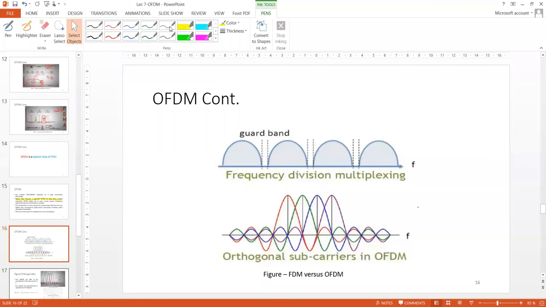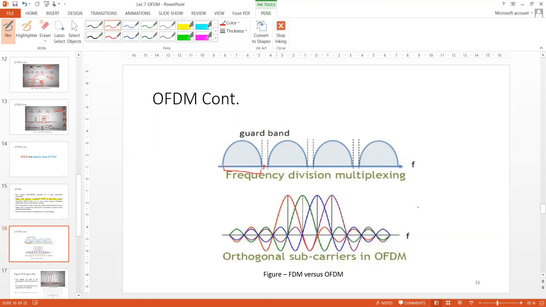This is the example where we have frequency division multiplexing, with different subchannels, and guard bands are introduced between each and every channel in order to overcome the problem of inter-channel interference.